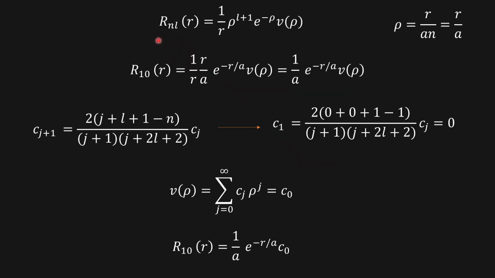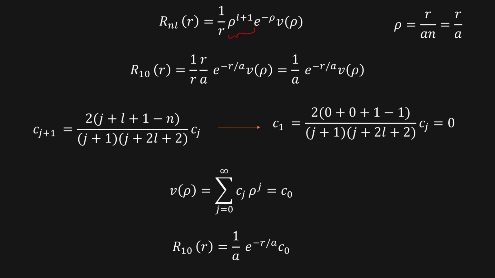Now we can find the radial part of the wave function for n equal to 1 and l equal to 0. By definition, R_nl is equal to 1 over r, rho to the power l plus 1, e to the power minus rho, v of rho. Rho by definition is equal to r over a n. Here n is equal to 1, and since l is equal to 0, this simply becomes rho to the power 0 plus 1.